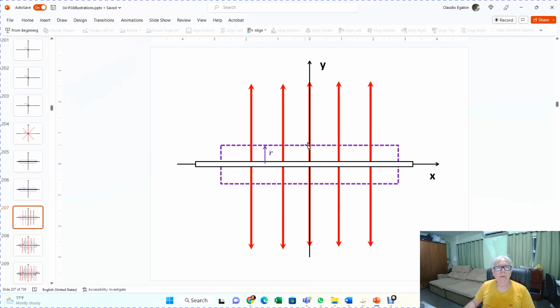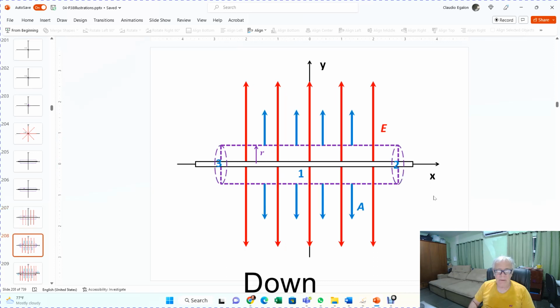The area vector of the cylindrical surface is parallel to the electric field, but the area vectors of those two caps are perpendicular to the electric field. Here, the cylindrical surface I call cylindrical surface number 1. The blue arrows are the area vectors.